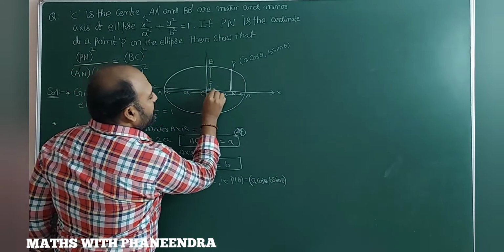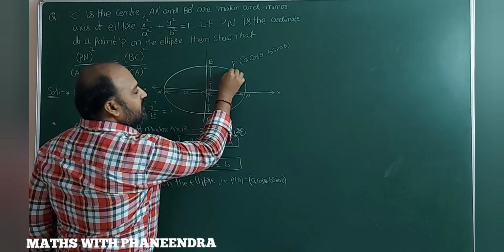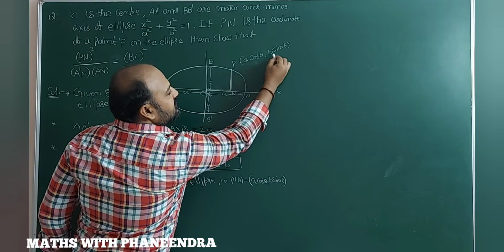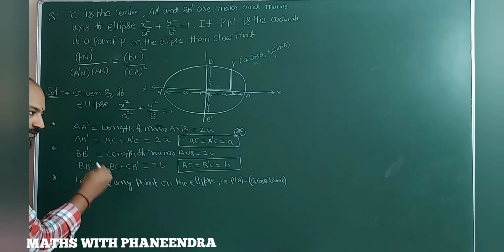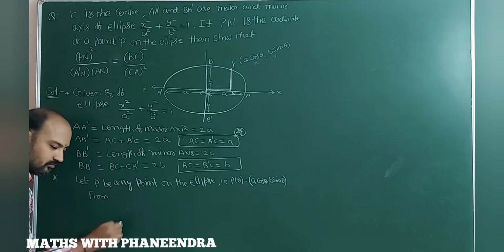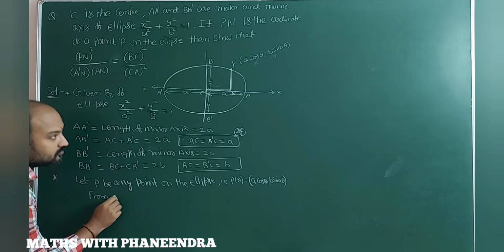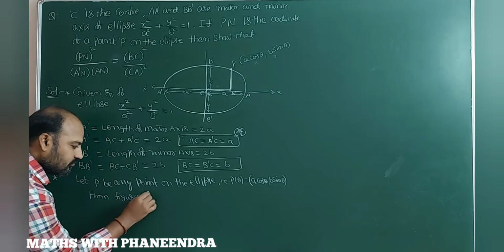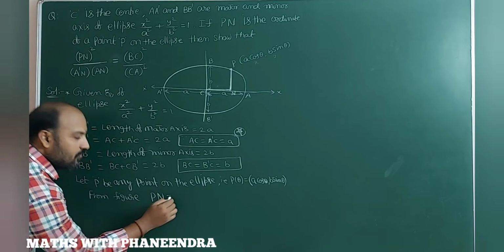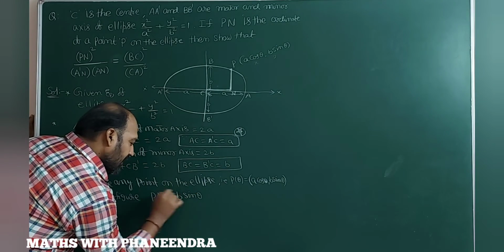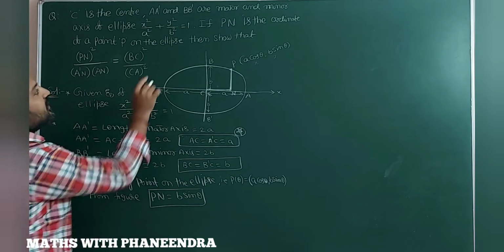So from here to here it is the x coordinate, from here to here it is the y coordinate. So PN value from the figure, this is x, this is y now. So from the figure, PN is equal to b sin theta, the y coordinate, the ordinate, as they mentioned here.